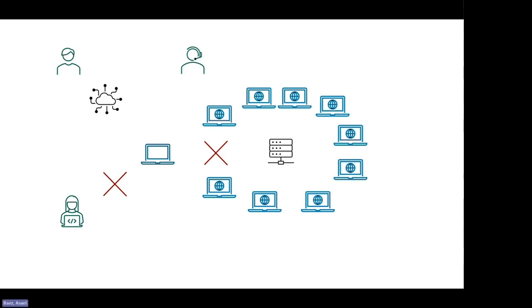So they're working on their computers and their system, and that system is connected to the rest of the network via VPN or working on site, and then they click on an email and their device becomes infected.